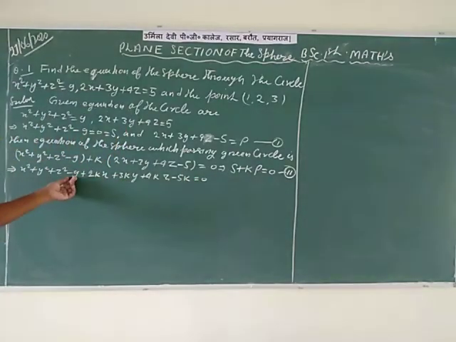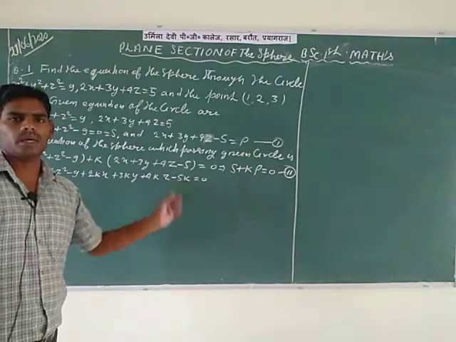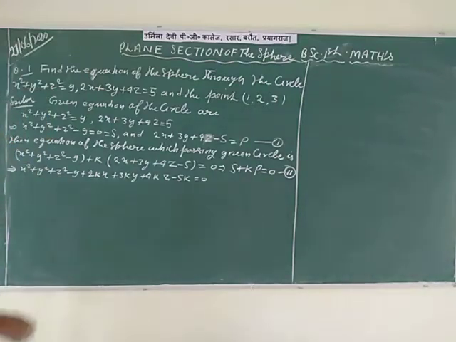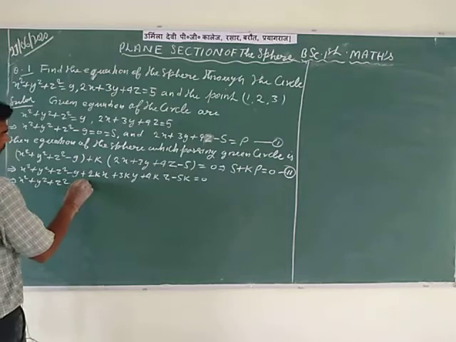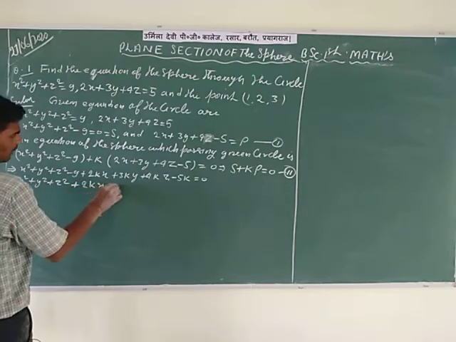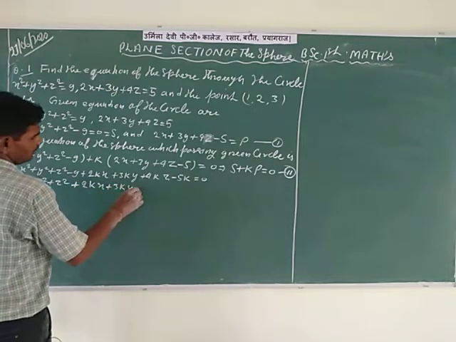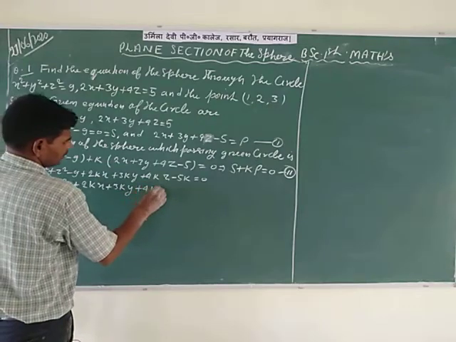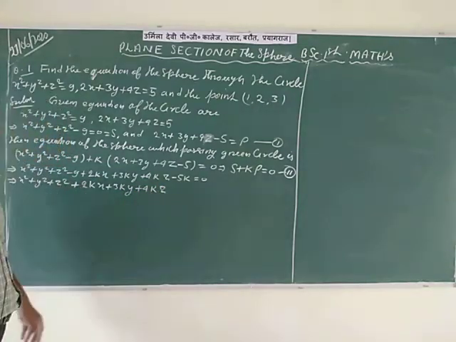Here minus 9 and minus 5k are numerical values. So first write the higher powers of the variables x, y and z, so x square, y square and z square. After that, the first powers of the variables, meaning 2kx plus 3ky plus 4kz, in systematic form of the general equation of the sphere.